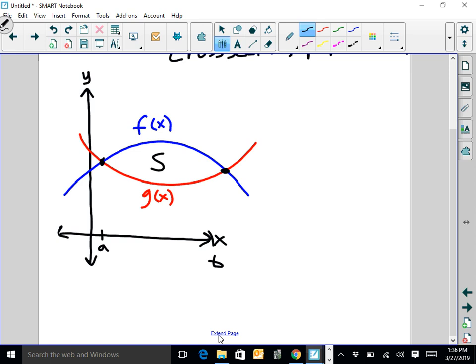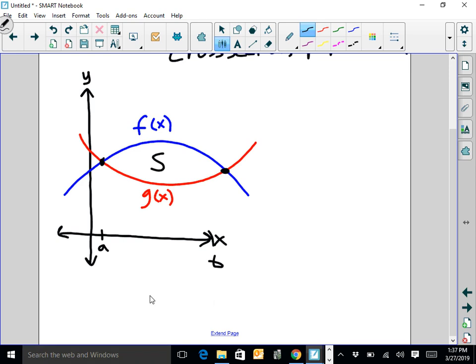I could take that region S and revolve it around the x-axis. Then my volume would be pi times the integral from A to B of f of x squared minus g of x squared. Or I can revolve it around a different horizontal line, maybe y equals -3.